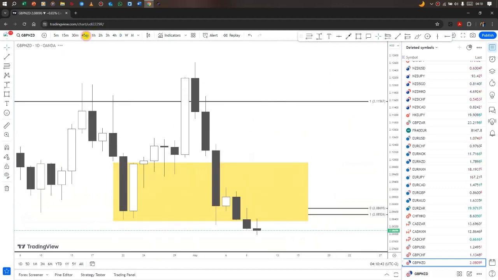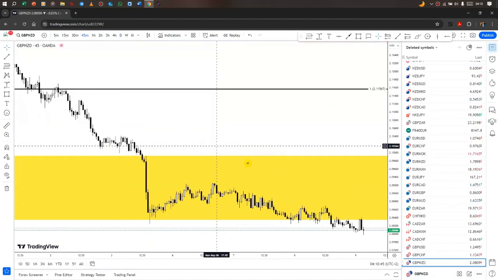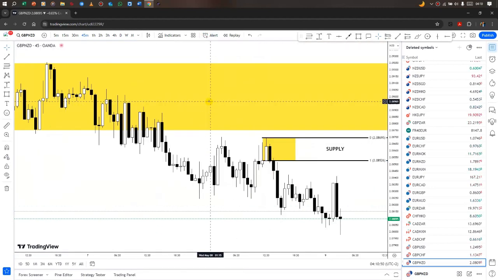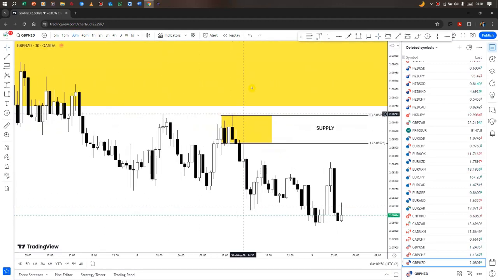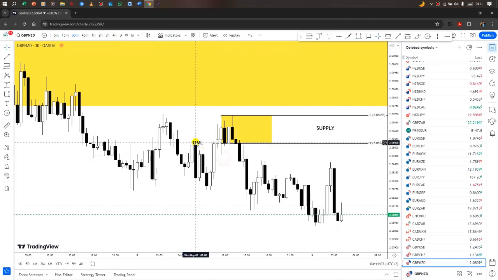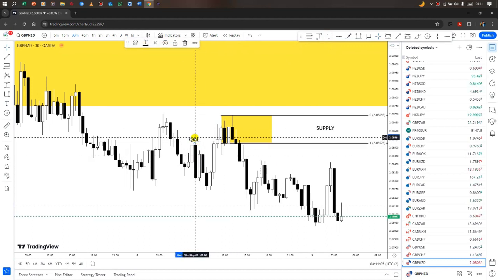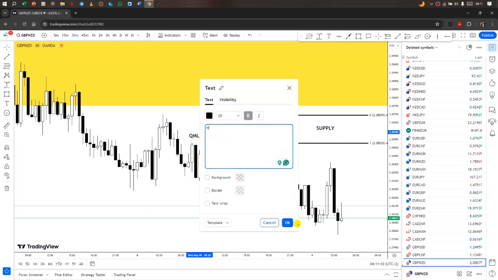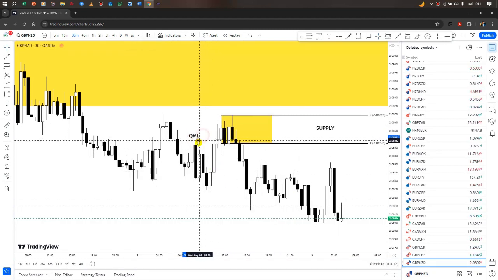Let us move on. We can also check for QML levels. Here is your QML. The reason why I say it's a QML is because, as you can see, this is our high, our last high before the higher high.